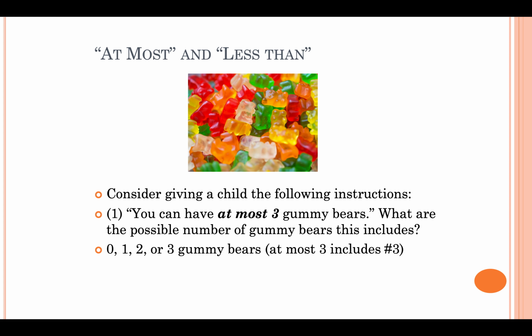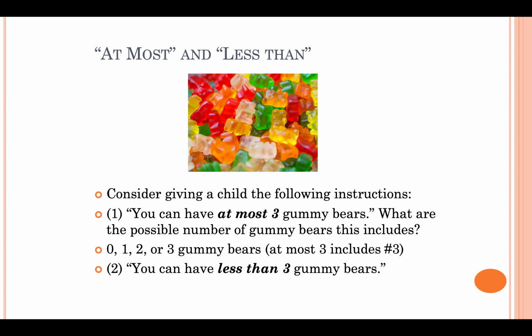And when we're dealing with events, and these are going to be discrete numbers in this particular lecture, we're going to always start with 0, and we're going to go up to the number specified after the word at most and include that number. So that would be 0, 1, 2, or 3.